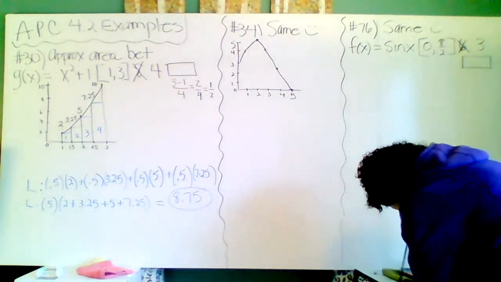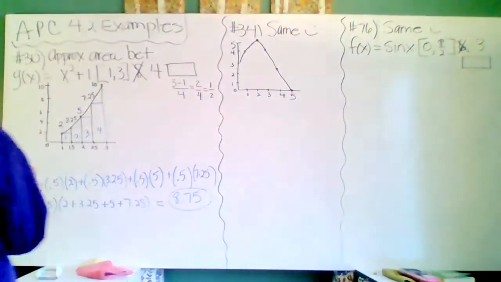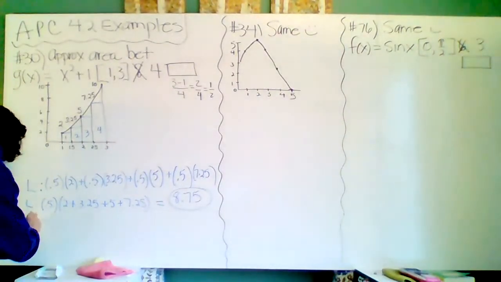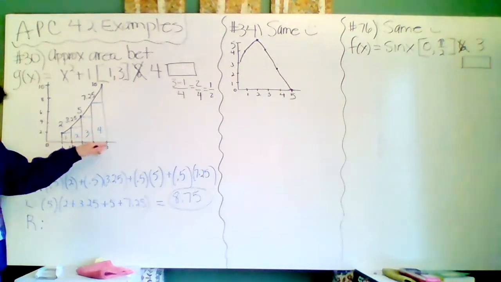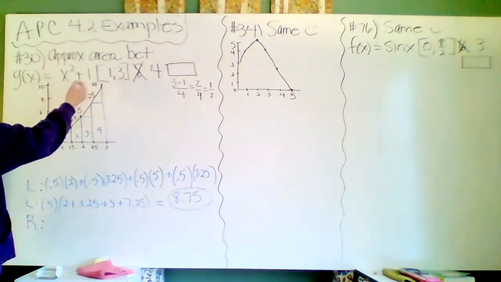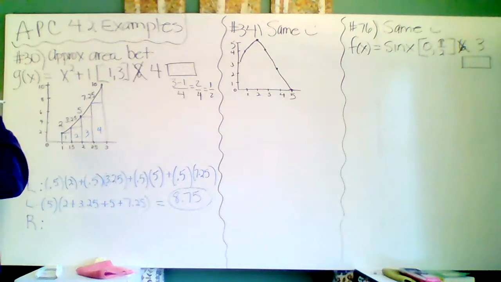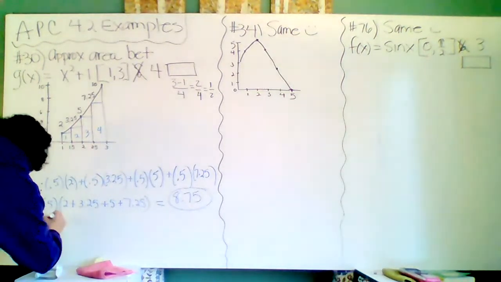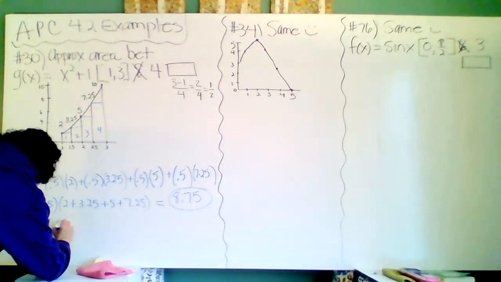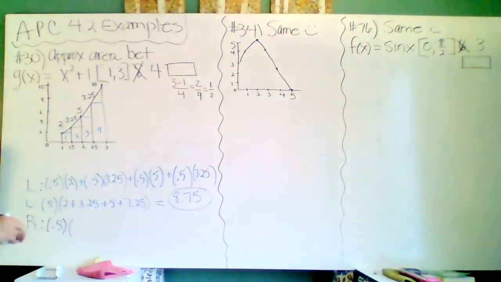There we go. So for the right-hand Riemann sum, for the rectangles, we're going to use a height from the right, so I'll do that in purple. But notice again that each one of these rectangles has a base of 0.5. And I just need the 4 heights going from the right.